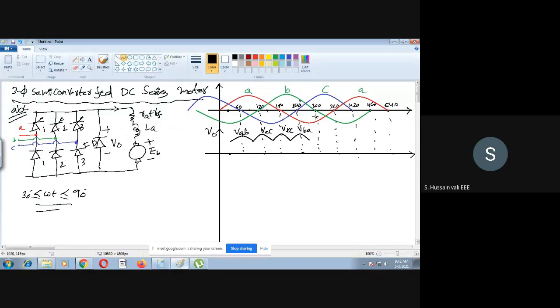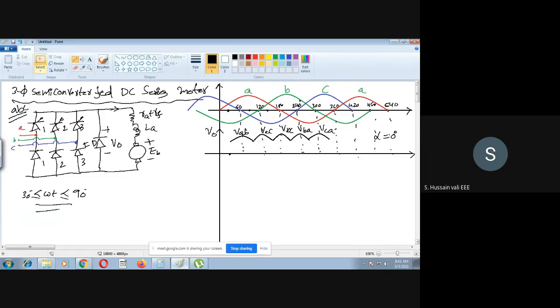Then 270 to 330, highest is C, lowest is A, so VCA. Likewise, you can go ahead. So this is for firing angle alpha equal to 0.